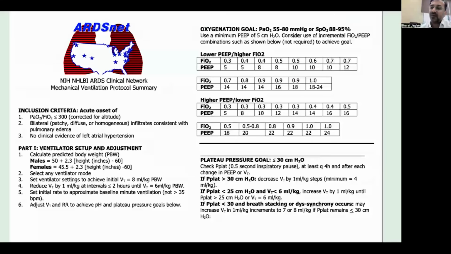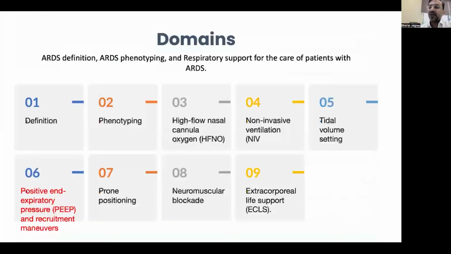So the ventilation is somewhere between 4 to 8 ml per kilogram. We don't tend to go more than 8, and we don't tend to go less than 4.